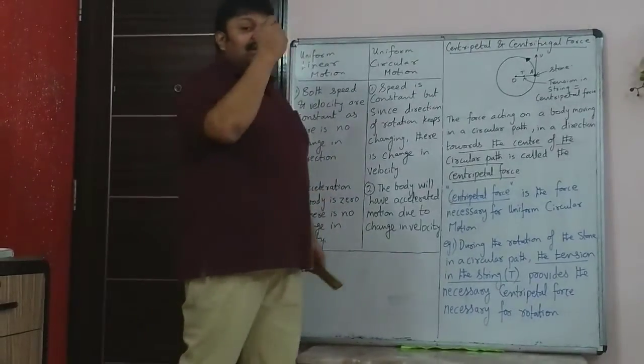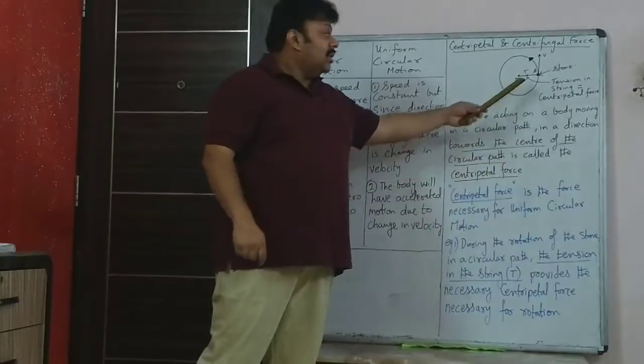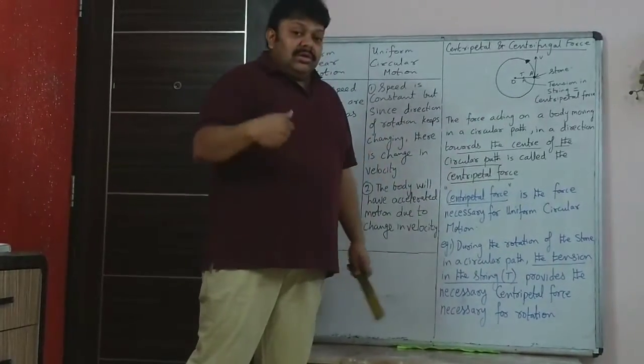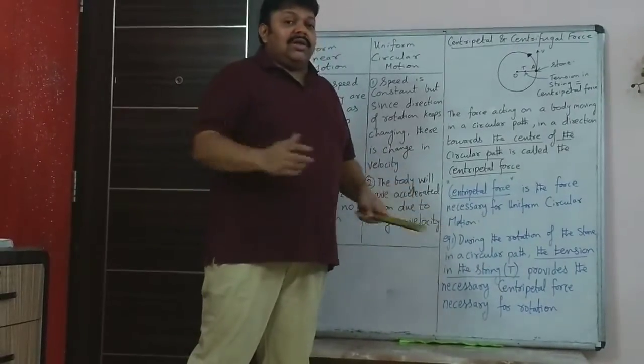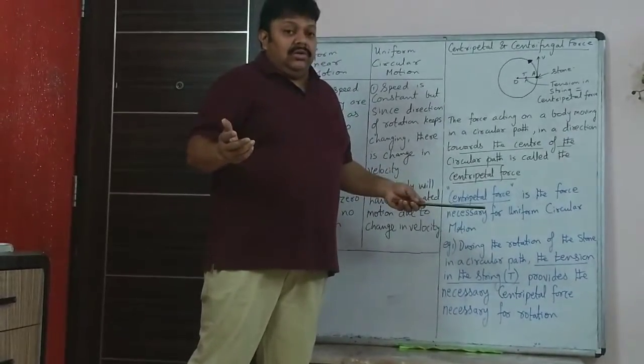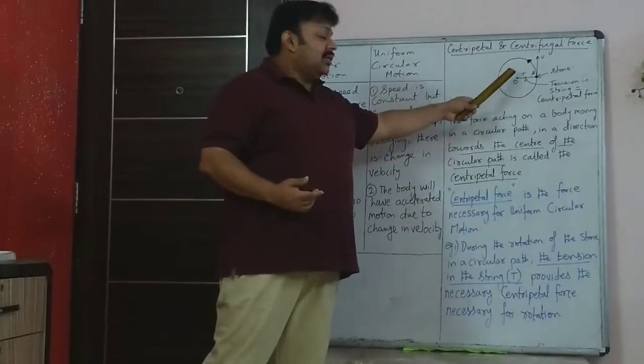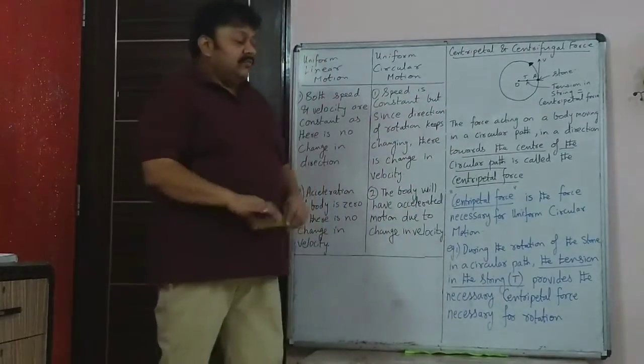There is a tension acting on the string which is providing the necessary centripetal force. The moment, let's say, that string breaks, that tension in the string is gone, the stone will no longer rotate in a circular path, it will just fly away.